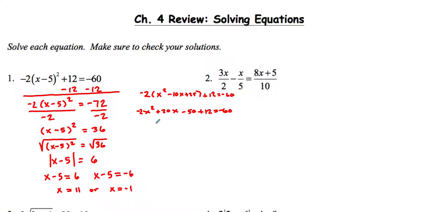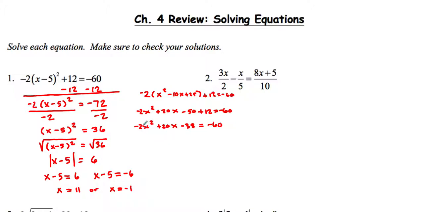We can finish combining our like terms on the left side. We've got negative 2x squared plus 20x, and then negative 50 and positive 12 is going to give us a negative 38. Right now that still equals negative 60. Now I got a negative 2x squared.